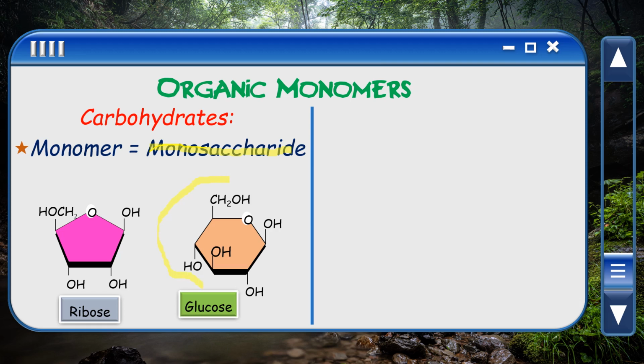Glucose is a monomer that makes up the carbohydrates. And then we have another monosaccharide, which is a monomer, that is ribose. Ribose sugar is also a monomer that is going to make up the carbohydrates. Those monomers, the glucose and the ribose sugars.